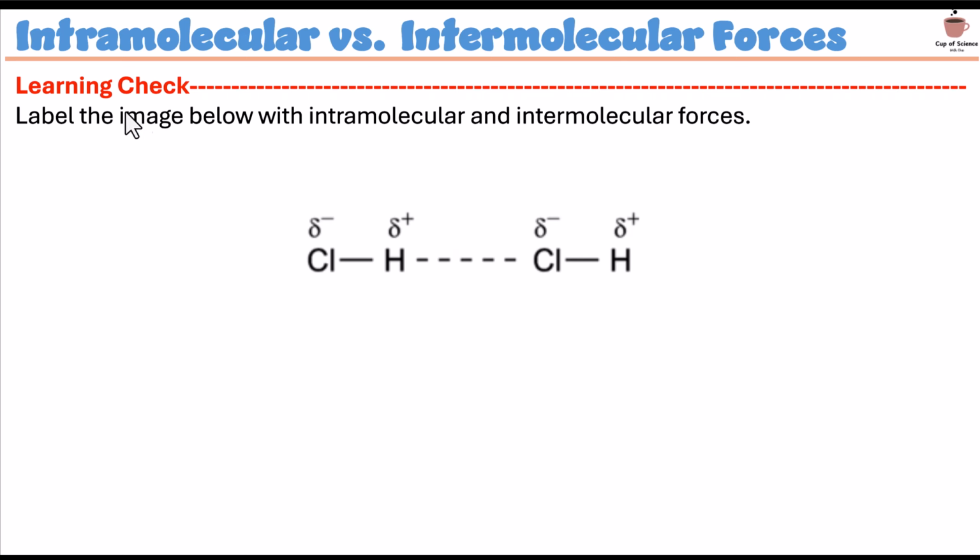Here it says label the image below with the intramolecular force and intermolecular forces. So HCl right here, this is connected together by a covalent bond right here, that line. So this one is my intramolecular force.